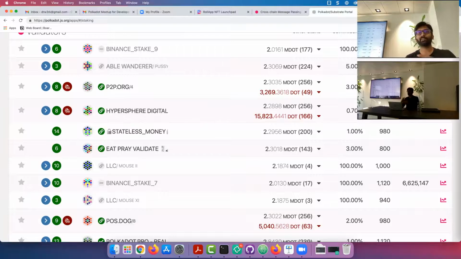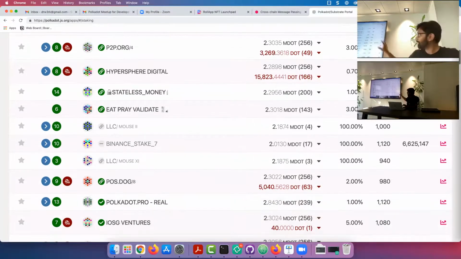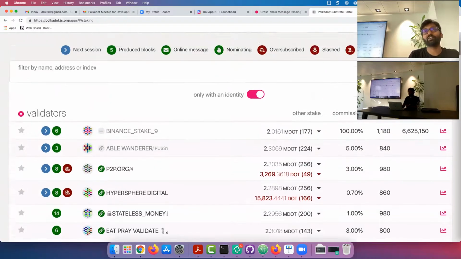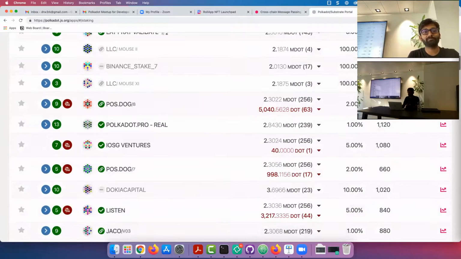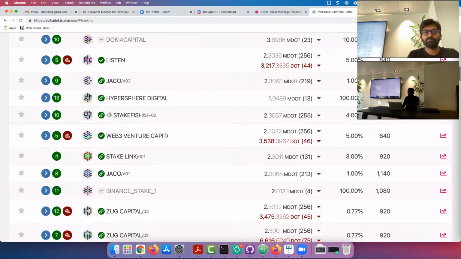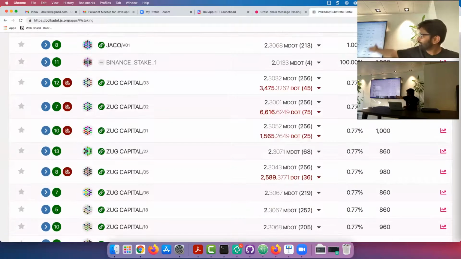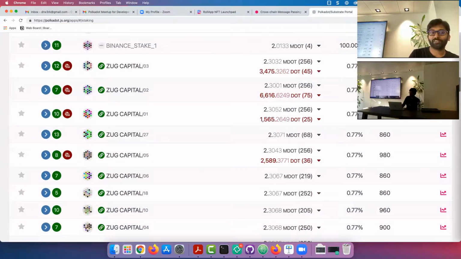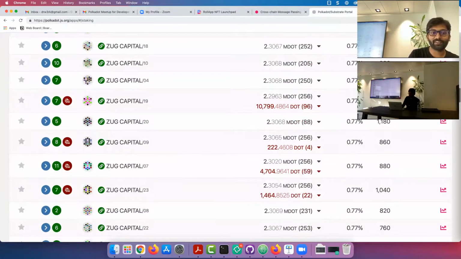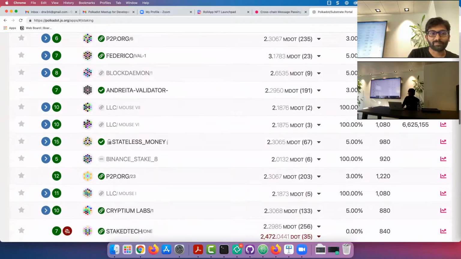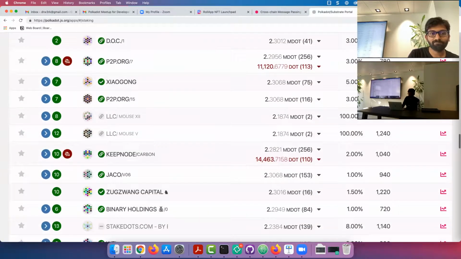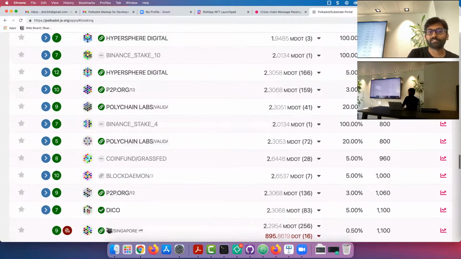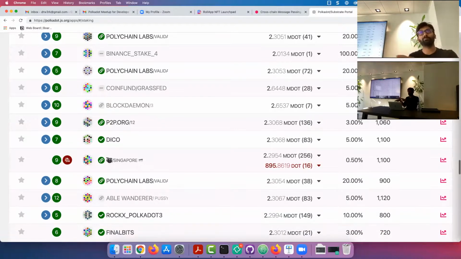So when you're nominating, you take into consideration all these factors and give your nomination to a certain validator. And as you can see, there are so many nodes for Sloop Capital right there, all with the identity. So this will give you a good idea of where the tokens are, or who's vested in the ecosystem.